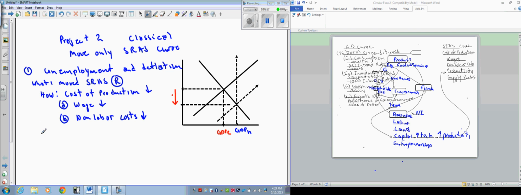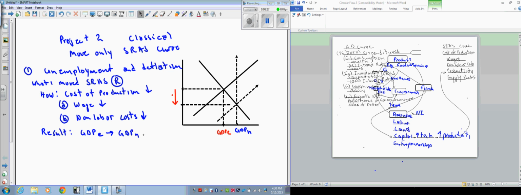Now, the result of this, the GDP equilibrium goes to GDP natural. Remember, this statement you will always make in this way for every one of the different scenarios in the different projects. Your GDP will always go to GDP natural.